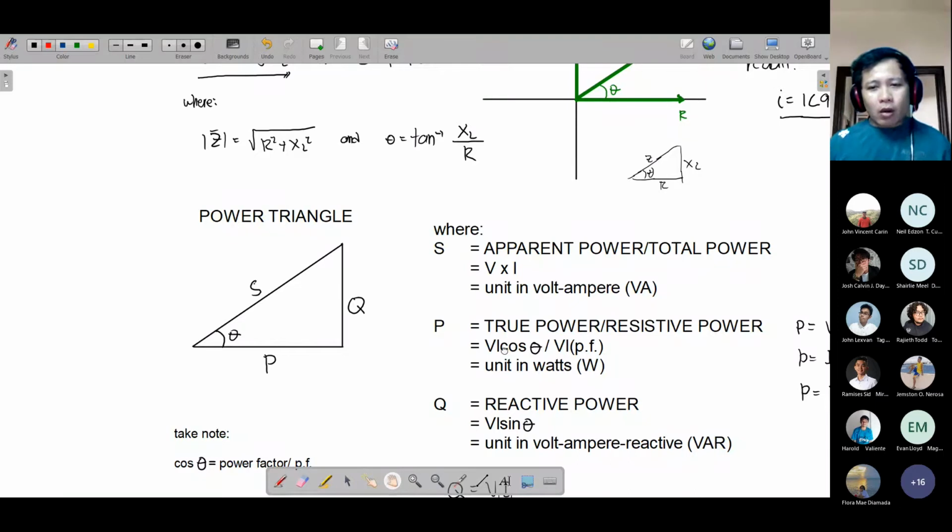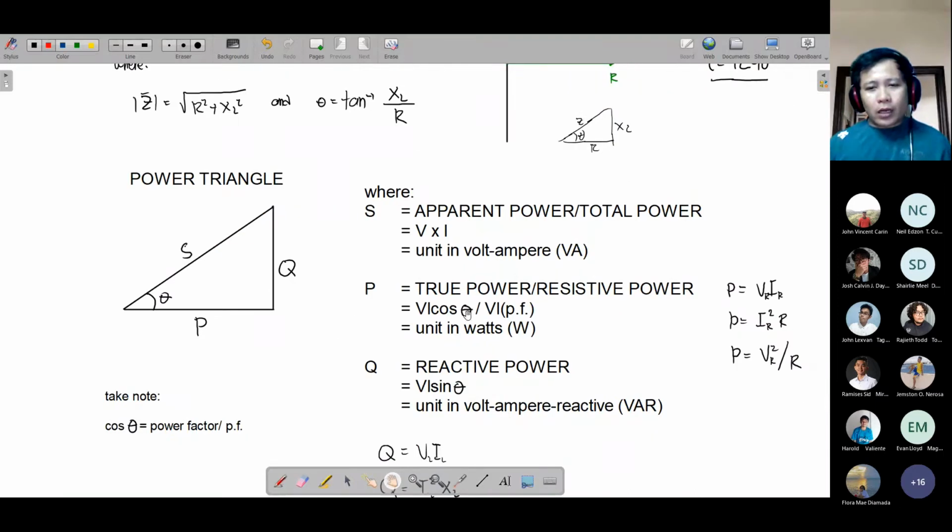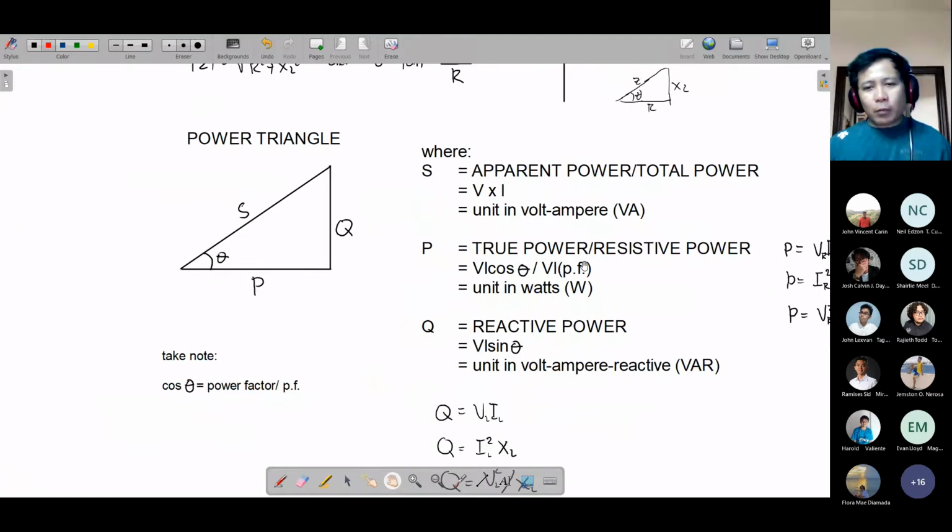So, VI cosine of theta, or you can also call it VI times the power factor. Now, what is the power factor? The power factor is just another name for cosine theta, because cosine of angle theta is called the power factor, or PF. Don't worry about its use, it will be explained. So, VI cosine of theta, or VI times the power factor.